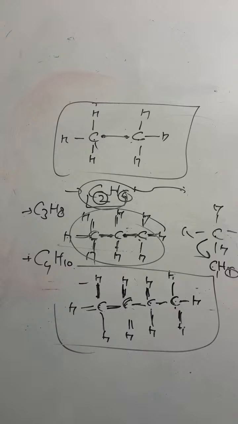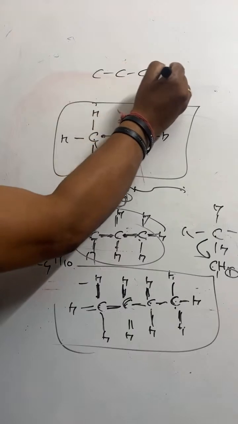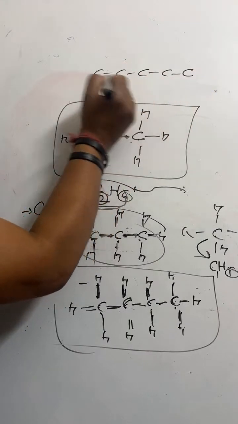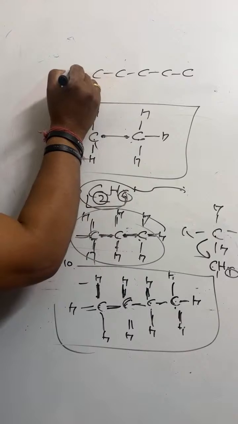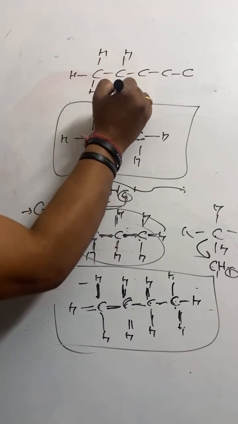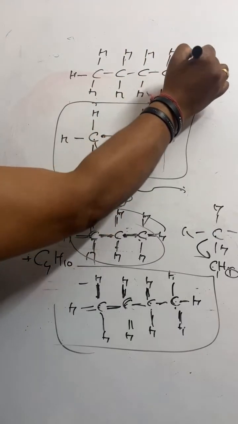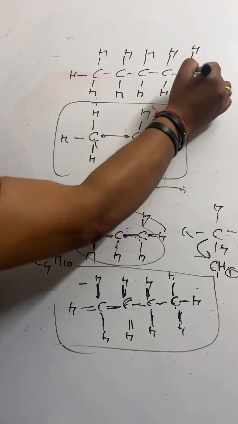Making 1, 2, 3, 4, 5. So join now from this side. One hydrogen, one hydrogen, one hydrogen, one hydrogen, one hydrogen. In this way, you will have H, H and H.